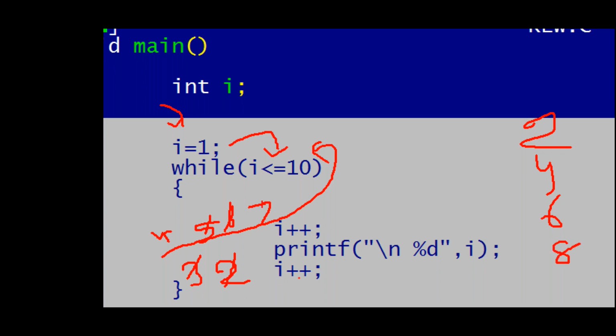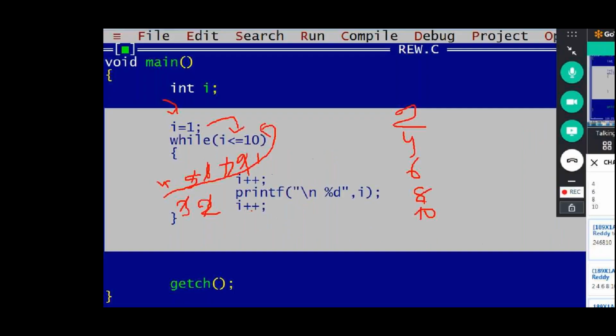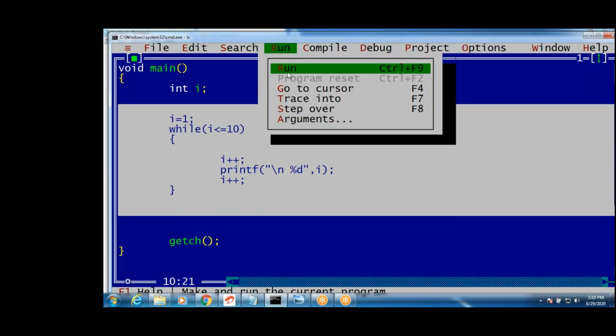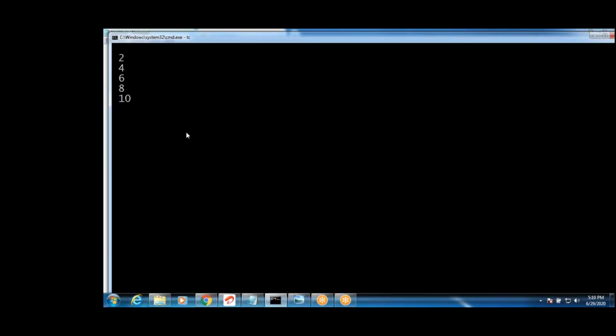Okay. Now again I plus plus 11. 11 less than or equals to 10. False. Our answer is what? 2, 4, 6, 8, 10. Now once check it, guys. Okay, right? Very good. Next one.